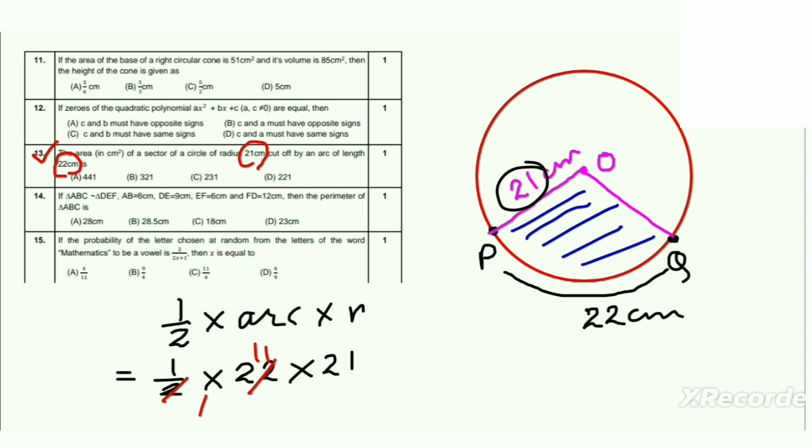Now finally, after multiplying these two, 11 ones are 11, 11 twos are 22 and 1, 231. We obtained the area of this sector is 231 centimeter square. So the right option is option number C.